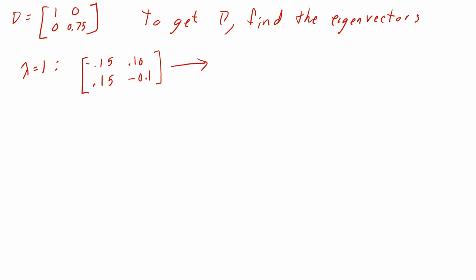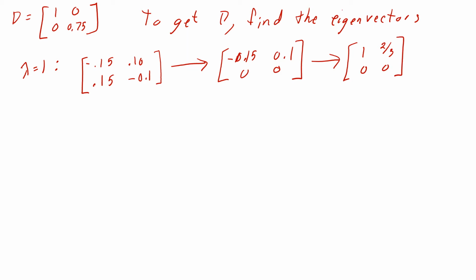You can row reduce this now. You get negative 0.15, 0.15, 0.10, and if we simplify it a little bit, we get 1, negative 1, and 0, 0. Okay, so now we can take this and solve it out. We get x1 minus x2 equals 0, and x2 is my free variable.